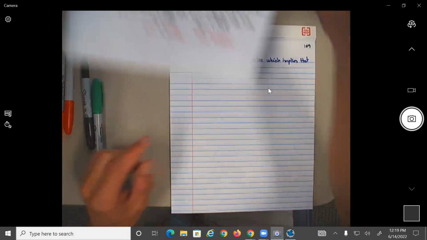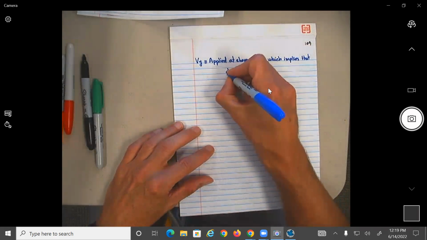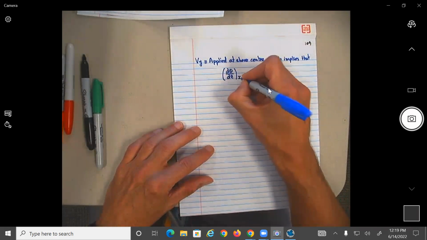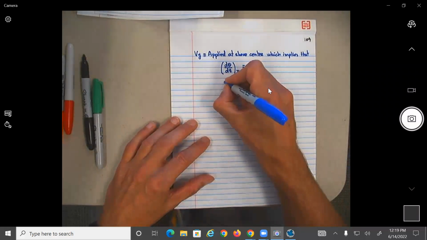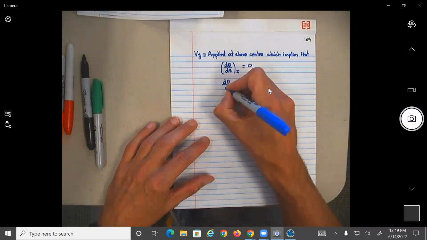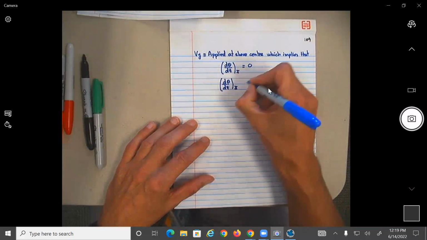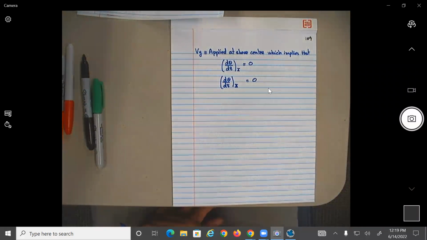Which implies d theta dz of cell 1 equal to 0, and the angle of twist of cell 2 is equal to 0.